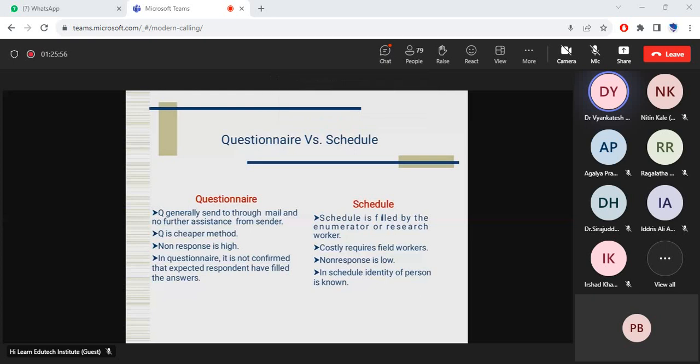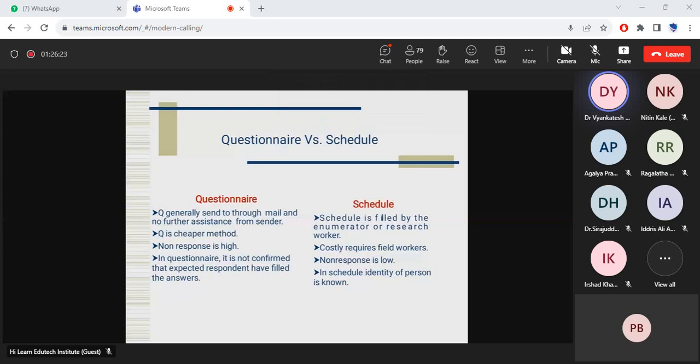Costly, it requires field workers, because the schedule requires one person and workers to deal with these things. Non-response is low because the scheduler is already working there, the person is known, and the scheduler knows very well how the persons are dealing with that particular problem.